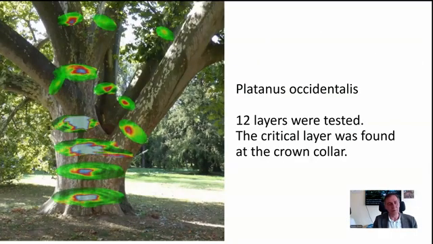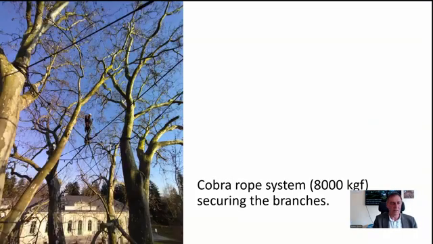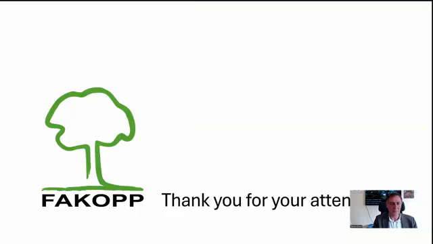He climbed and performed the test at higher elevation. 12 layers were tested. The critical one was the crown collar, where they found the biggest decay, but they did not change the crown size at all. They applied a Cobra rope system, 8-ton version, and they secured the branches. And this tree is still a wonderful tree in the east part of the country.